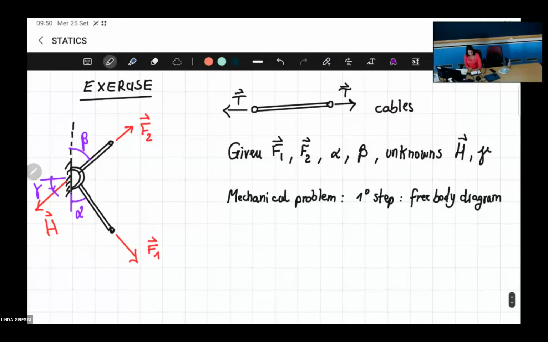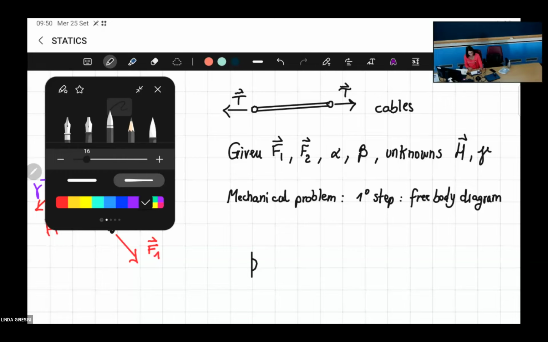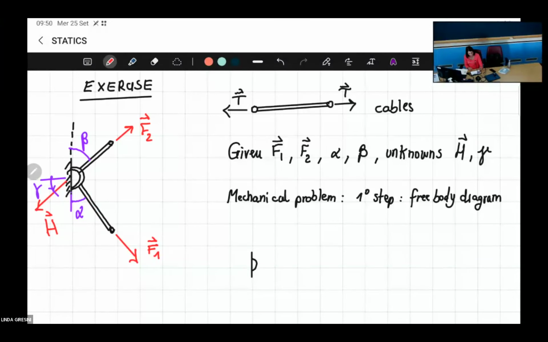So the free body diagram will be basically a single point, with the forces exerted in the eye. The steel eye, generally it's steel. So we have that the free body diagram is F2, F1, of course, with the same directions.